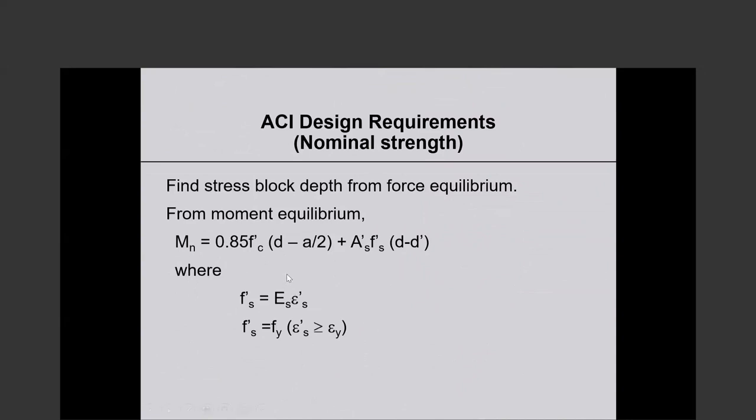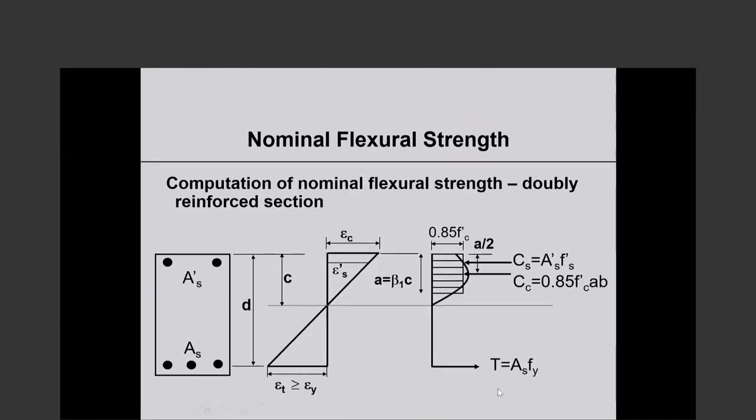So the nominal moment strength from moment equilibrium now is, so 0.85 f sub c prime is the uniform compression across the stress block times the lever arm between the compression and the tension force, d minus a by 2, and the compressive steel force is A sub s prime f sub s prime, and the lever arm between this and that is this distance, which should be marked.